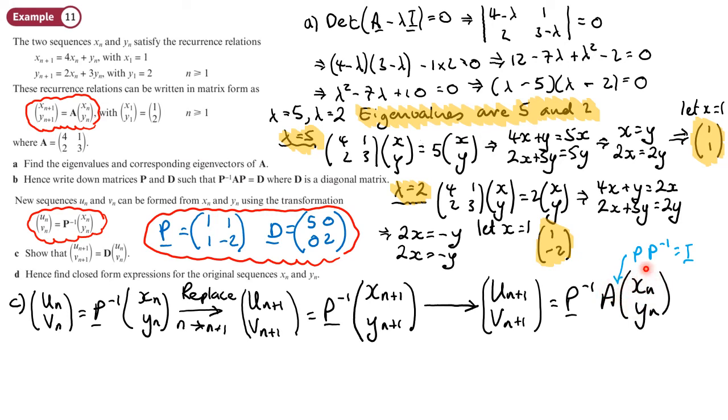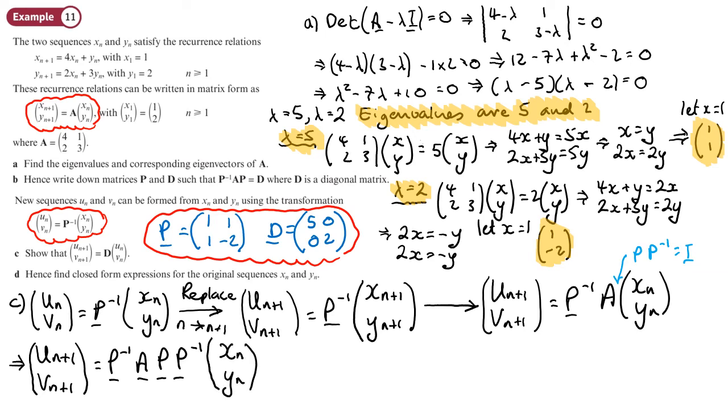So that's what I'm going to do, and then maybe there's something I can do with the P inverse and this bit here. So let's write that down. So the next step, we'll have un plus 1, vn plus 1 equals, then we've got P inverse A, and then P, P inverse, so that's the identity, so doesn't change it, and then xn, yn.